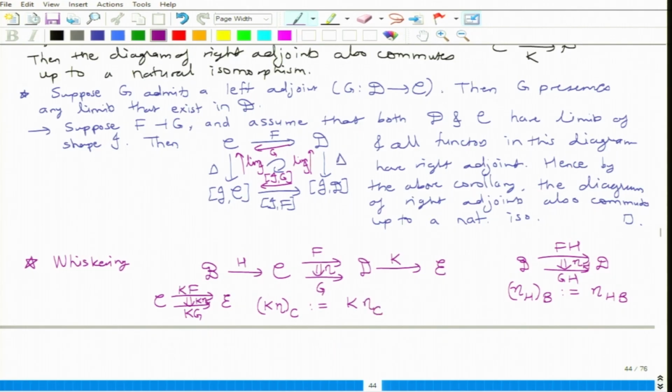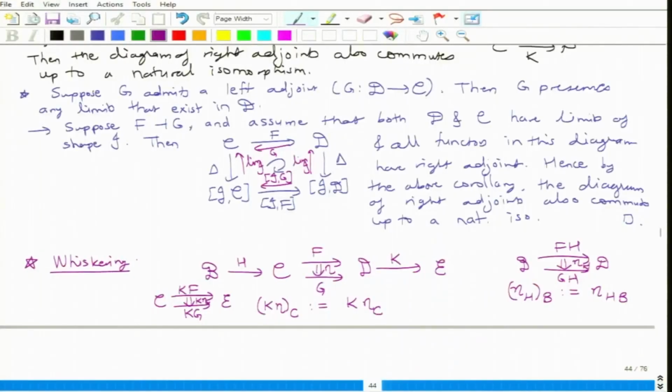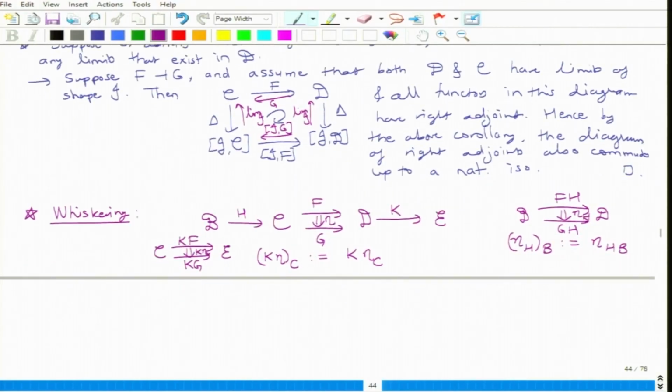See, this is not just play on parentheses. It actually means something. K eta sub C means it is the Cth component of that, which is defined to be the image of the morphism eta_C under functor K. Understood? So these two things are called whiskering. That's how you compose horizontal and vertical morphisms. What are the vertical morphisms here?